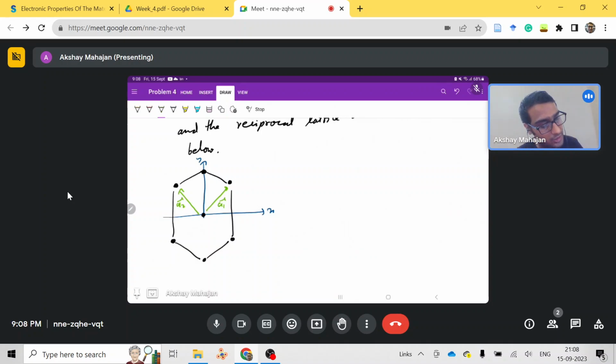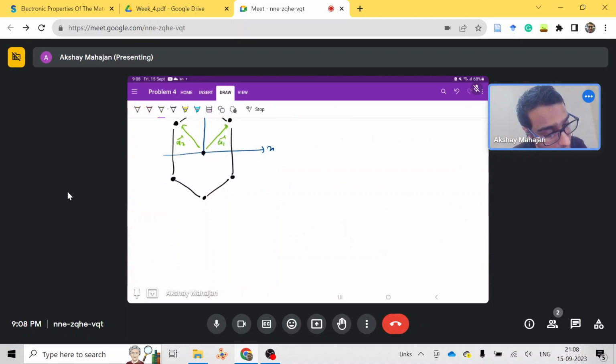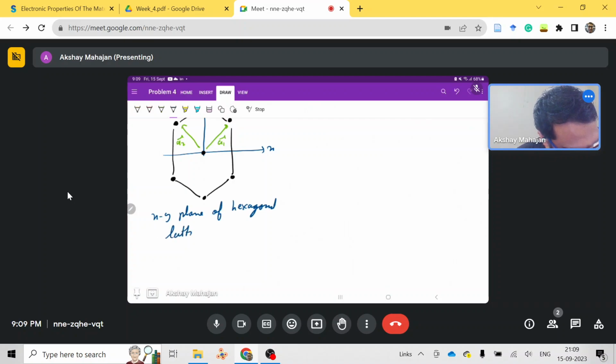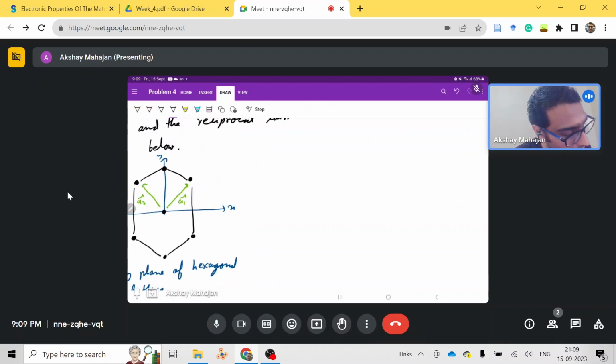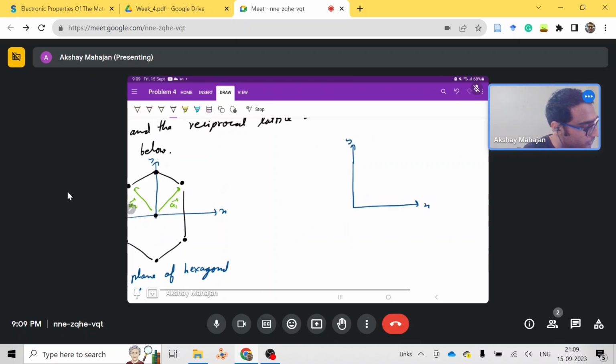The other points will be just linear combinations of the A1 vector and A2 vector. So this will be the xy plane of the hexagonal lattice.